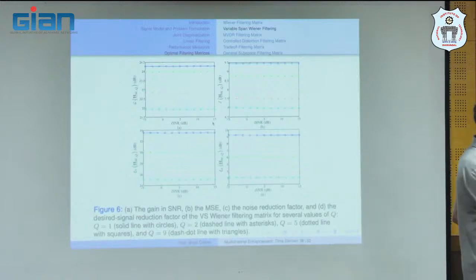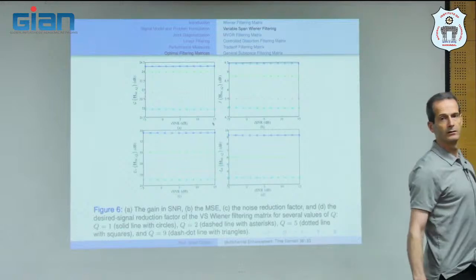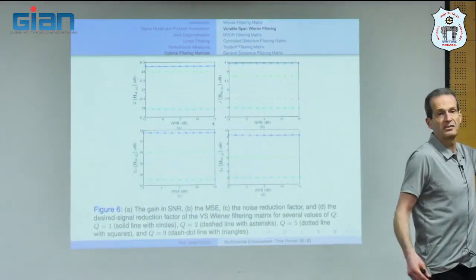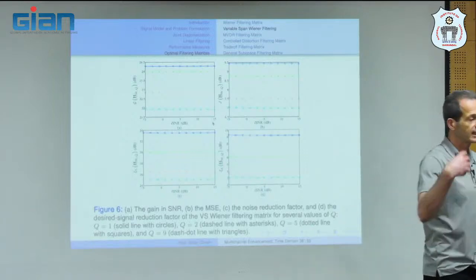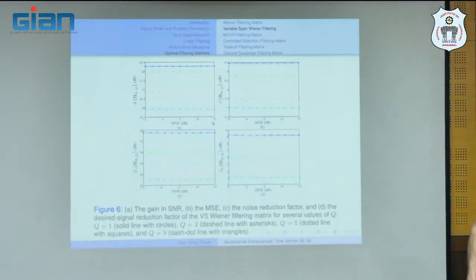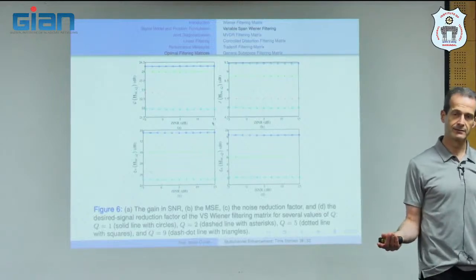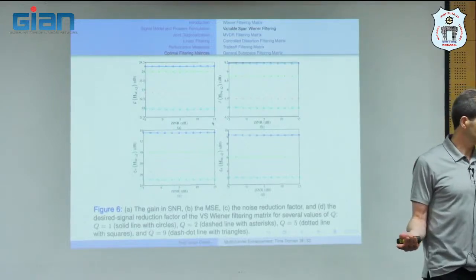Suppose that I have a desired source, an interference, and one of the sensors is beyond the wall. It doesn't get any one of them. Maybe it gets another noise that is unrelated to this one. So this sensor is not useful, and it will not contribute anything to the performance. But if you choose that sensor as the reference, then you are not able to estimate.